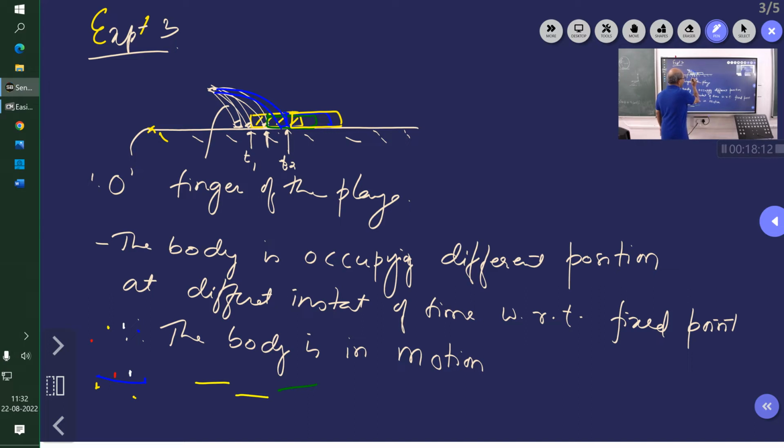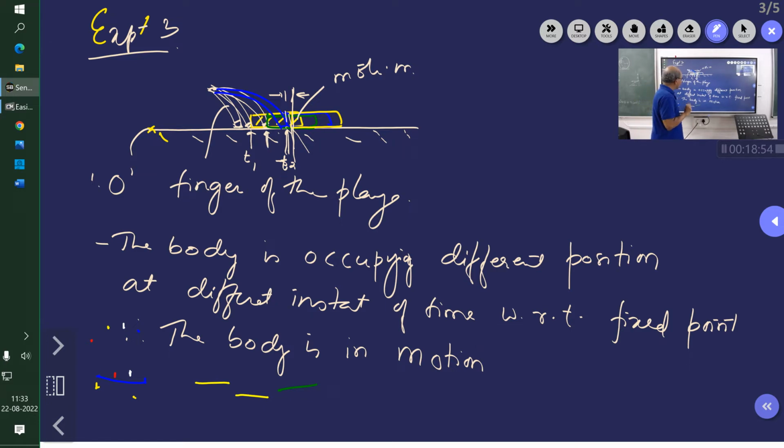I am marking the instant when his finger loses contact with the striker. From t1 to t2, the striker was in contact with the finger, so as the finger moved, the striker also moved. But after T2, you can see there is a gap between these two points. The finger is not touching the striker, but the striker is in motion. Clear, students? That is our observation.